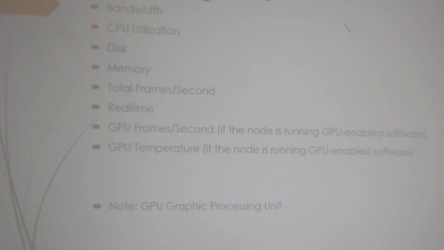Now CPU utilization. Imagine when you are increasing the number of subscribers, you have to make more frames, more packets, more copies. To do that you need more processing power.